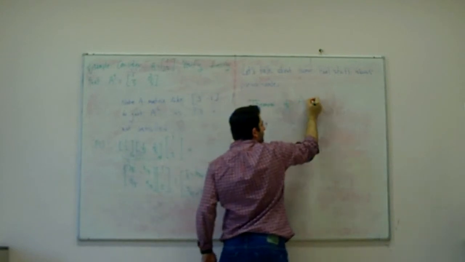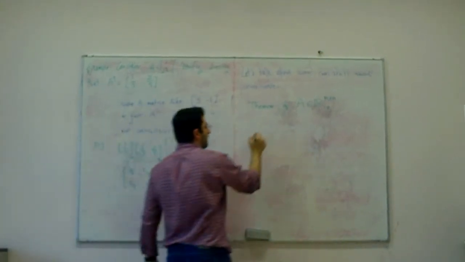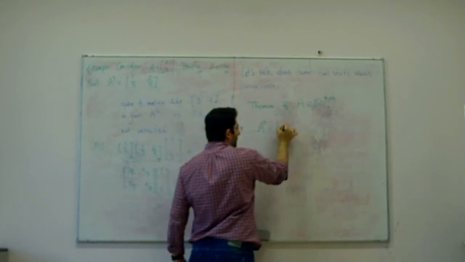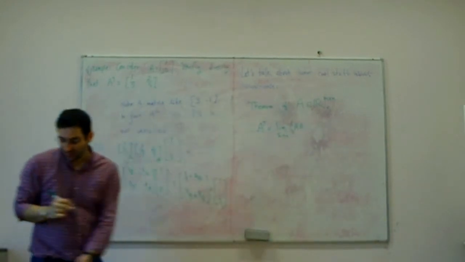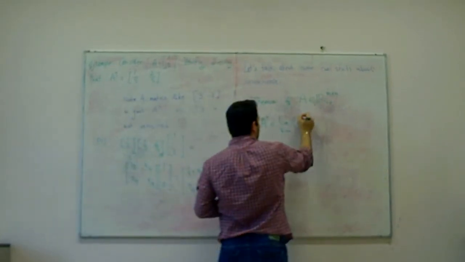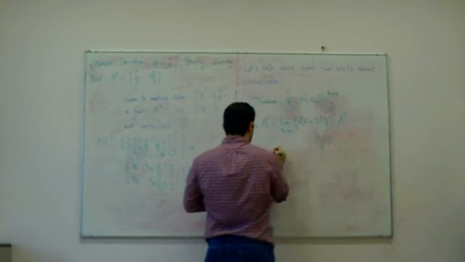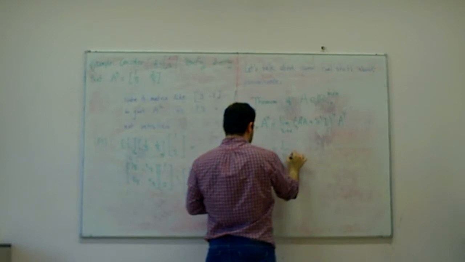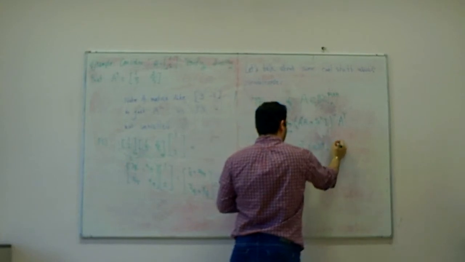If A is this, then A plus is calculated by the limit as delta goes to 0 of A transpose A plus delta squared I inverse multiplied by A transpose. One way of calculating A inverse is this.